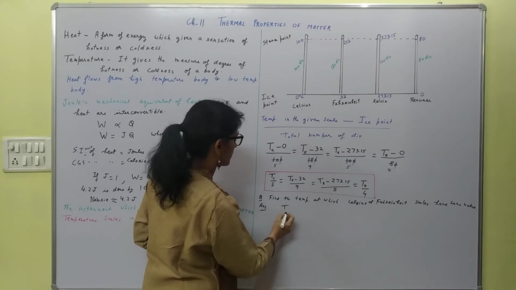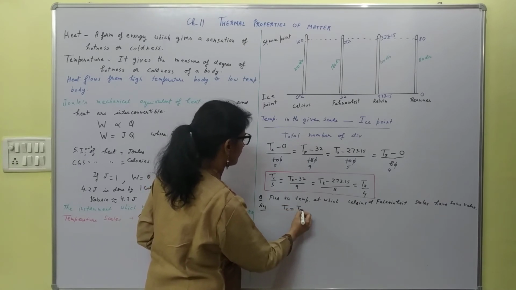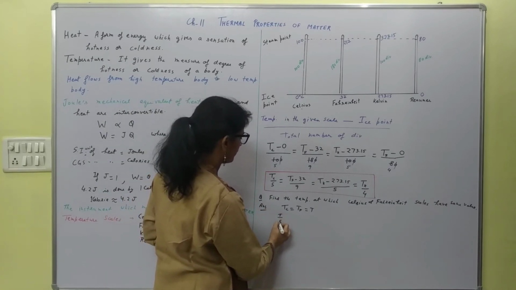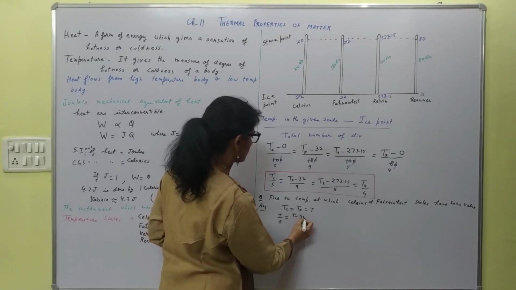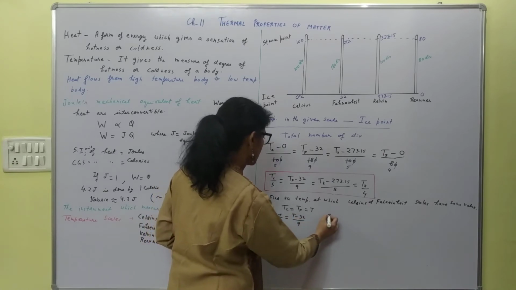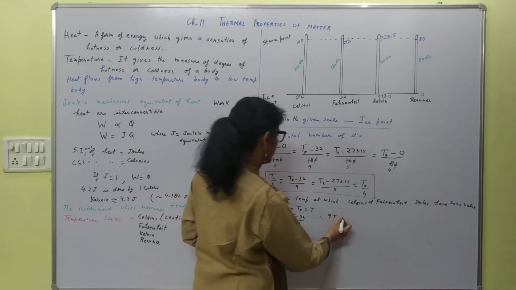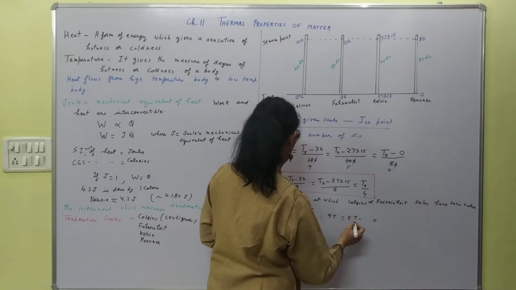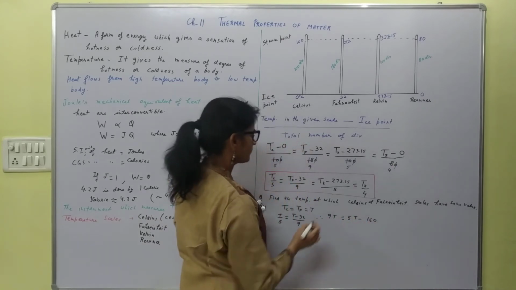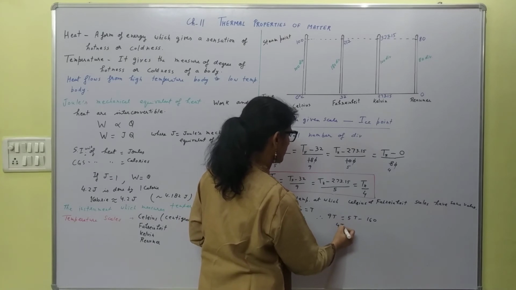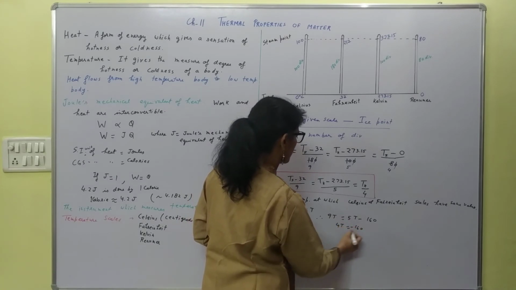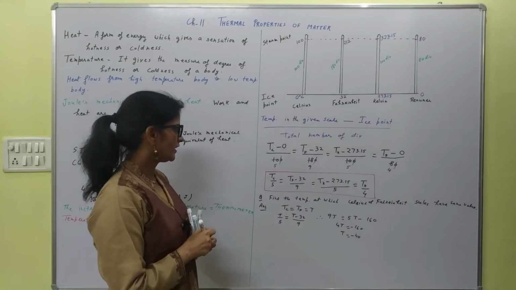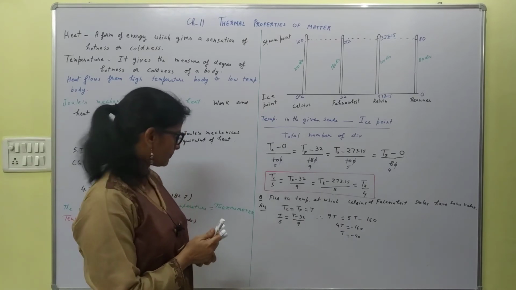That temperature I'm marking as, let's mark Tc is equal to Tf is equal to T. If these are same, so I'm marking T upon 5 is equal to T minus 32 upon 9. So this gives me 9T is equal to 5T minus 160. This gives me 4T is equal to minus 160. So temperature is minus 40. So at minus 40, the value of Celsius and Fahrenheit is same, right?